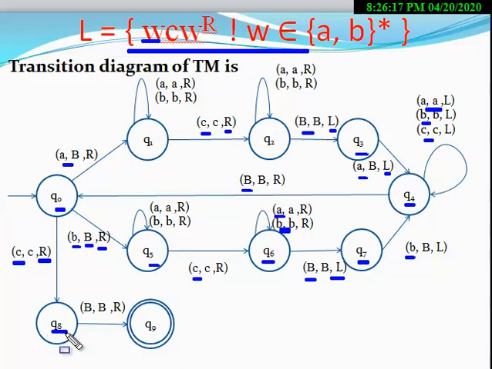At state Q8, as soon as tape symbol capital B, the blank symbol, appears, the machine goes to the final state.